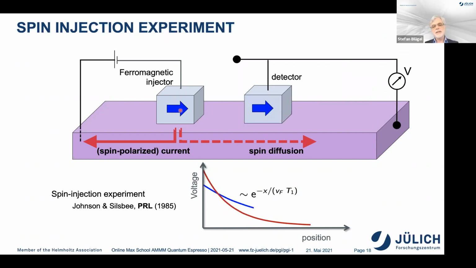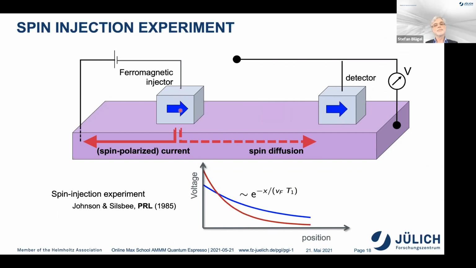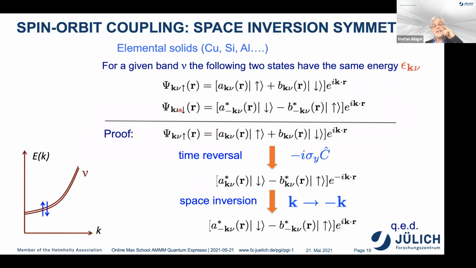And what you will see is that you get a different lifetime. So that means basically you can polarize spins. You get a spin diffusion which is different for different directions of the spin current, or polarization of the spin current, I should say. So this was one example.